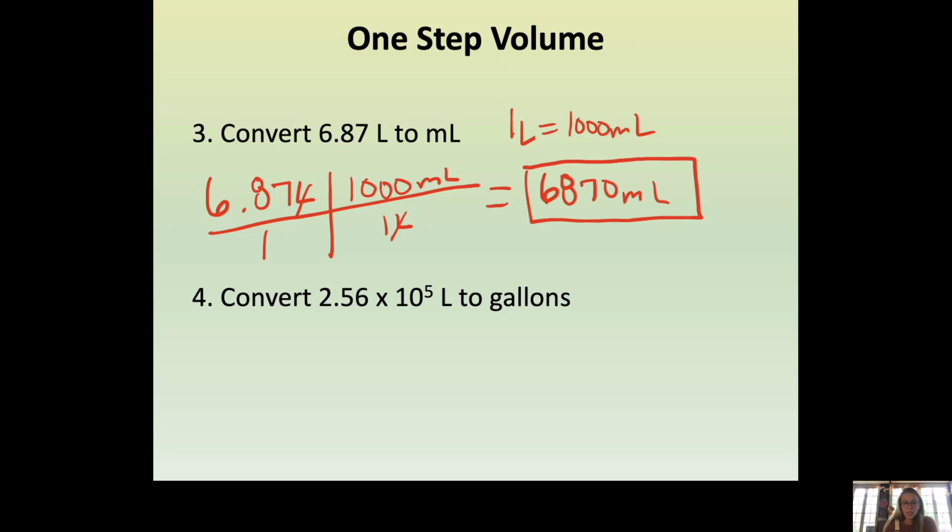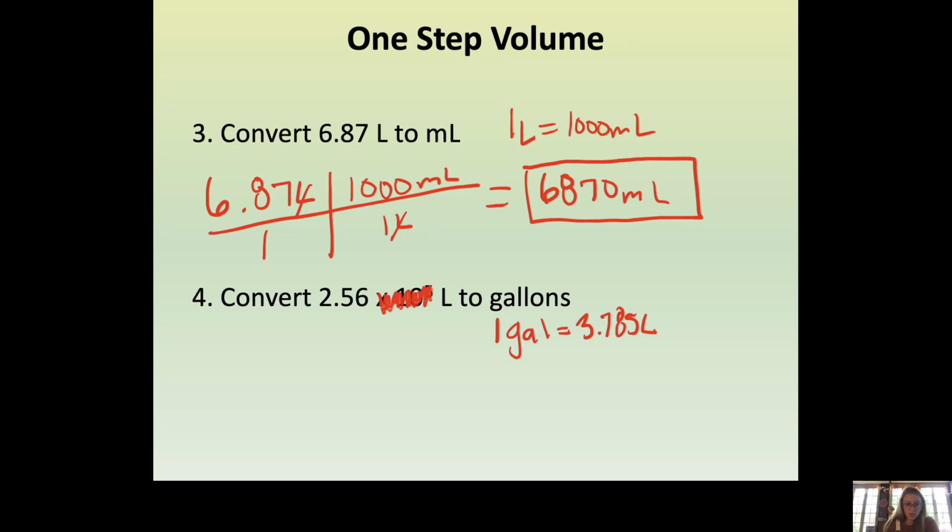Okay. And then our last one, if I look at this on my front side, it's going to be 1 gallon. You could abbreviate it GAL, equals 3.785 liters. So I start with, let's just do 2.56.